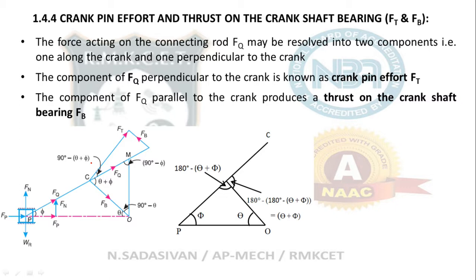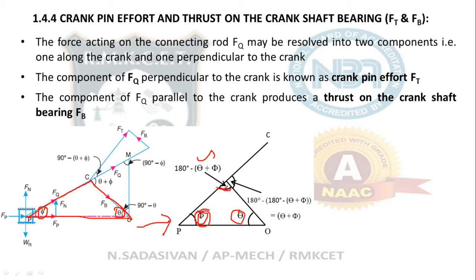The sum of all the angles in a triangle is 180. So if this is phi, and this is theta, in this triangle PO, where P is here, the same triangle, this red outline triangle, is drawn here. It has phi at one end and theta here. So the remaining angle is 180 minus (theta plus phi), correct?